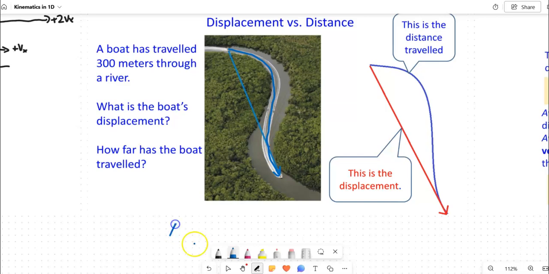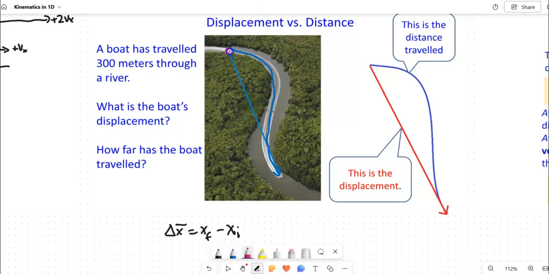So displacement is delta x. Okay. Let's try this. Here we go. So displacement is delta x. And that is your final position minus your beginning position. Okay. And displacement is a vector. So on this thing right here, you could see that this boat started right here, and I will use red.